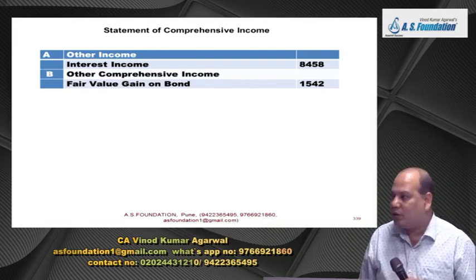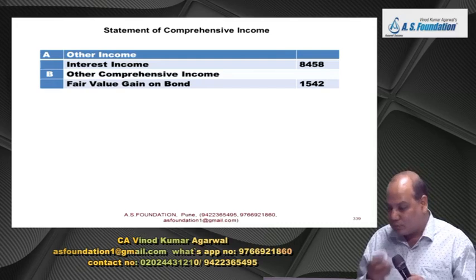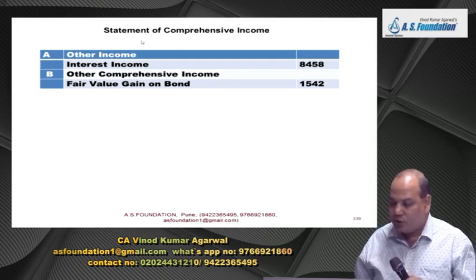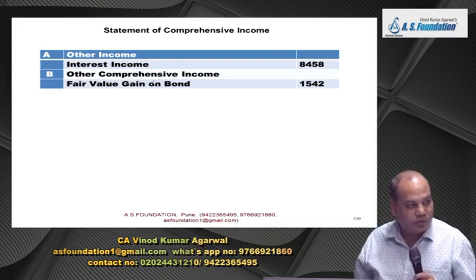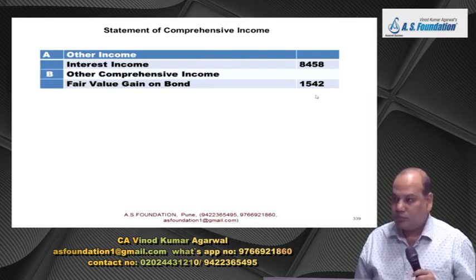Interest will come in the P&L account. Fair value change will come in OCI. 1542. Is it right?